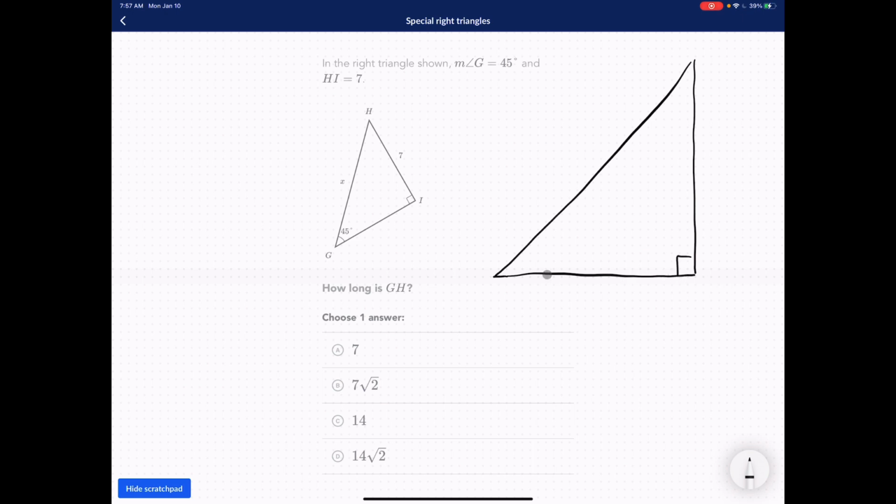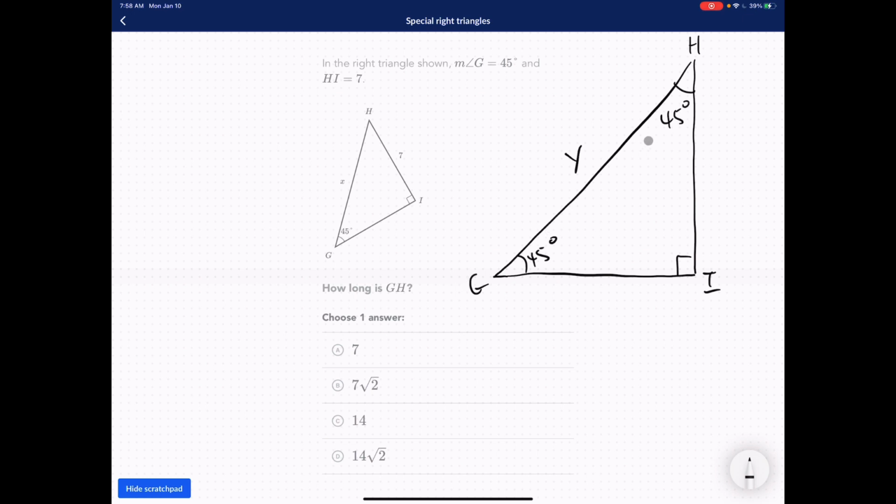And in a 45, 45, 90 degree triangle, this length and this length must be equivalent, right? This is my x value, which we're going to say y. That's going to be my G, and that's my H, and that's my I, and that's my 45 degree angle. And if that's 45, this is 45.